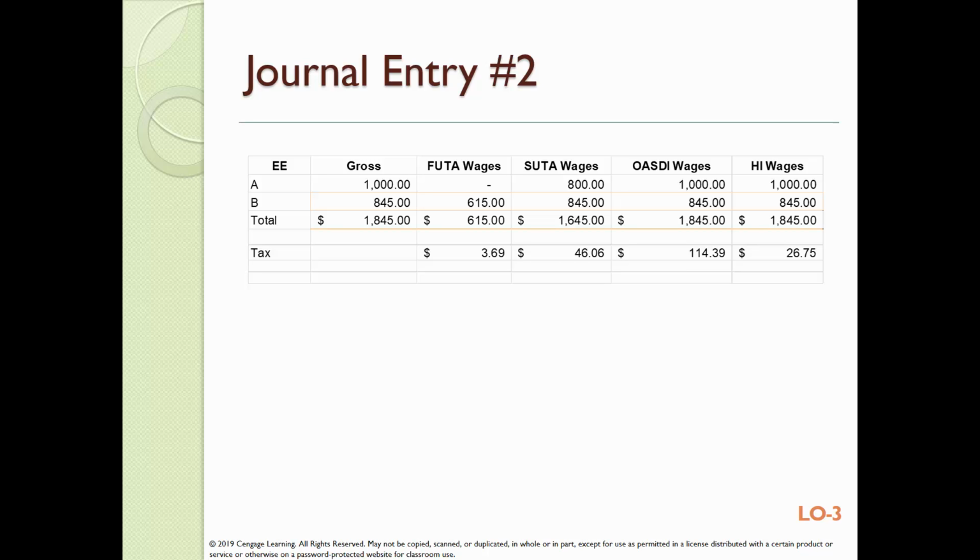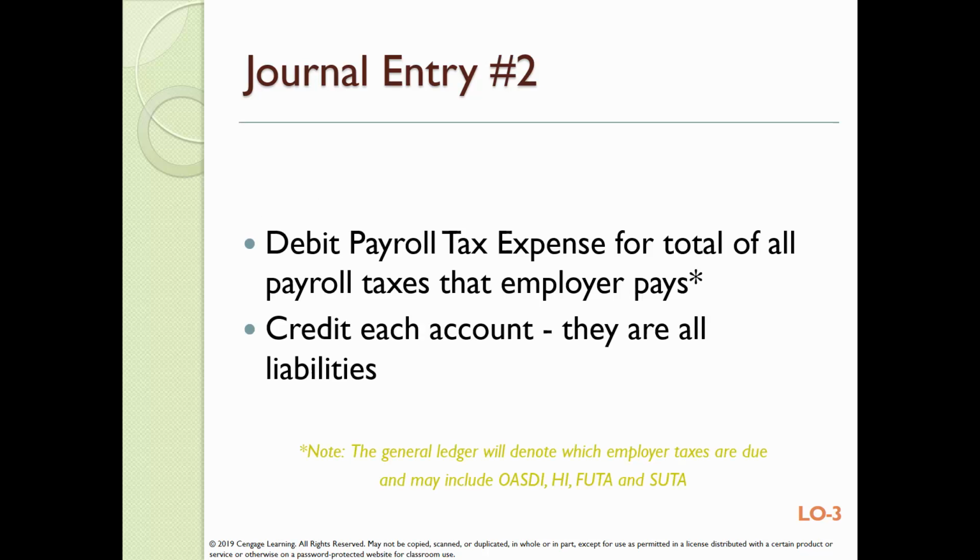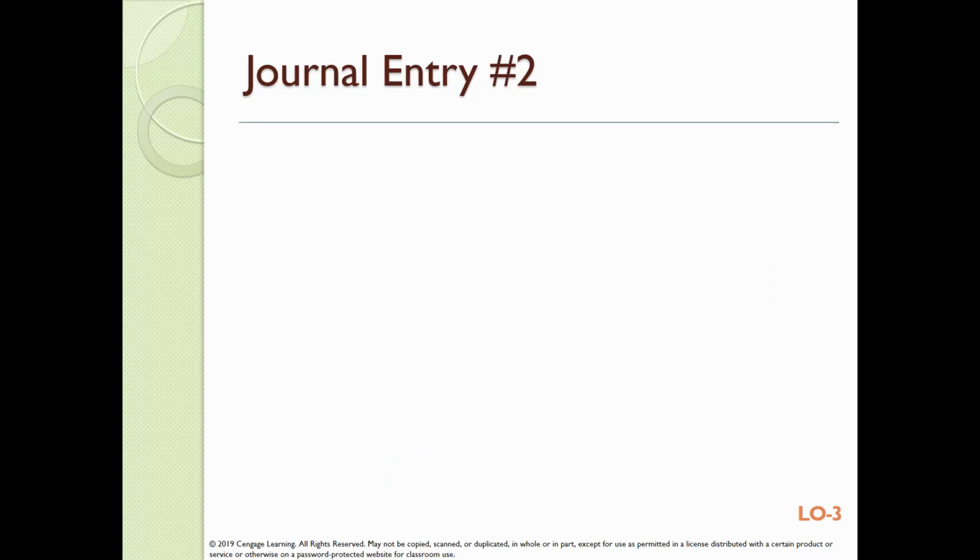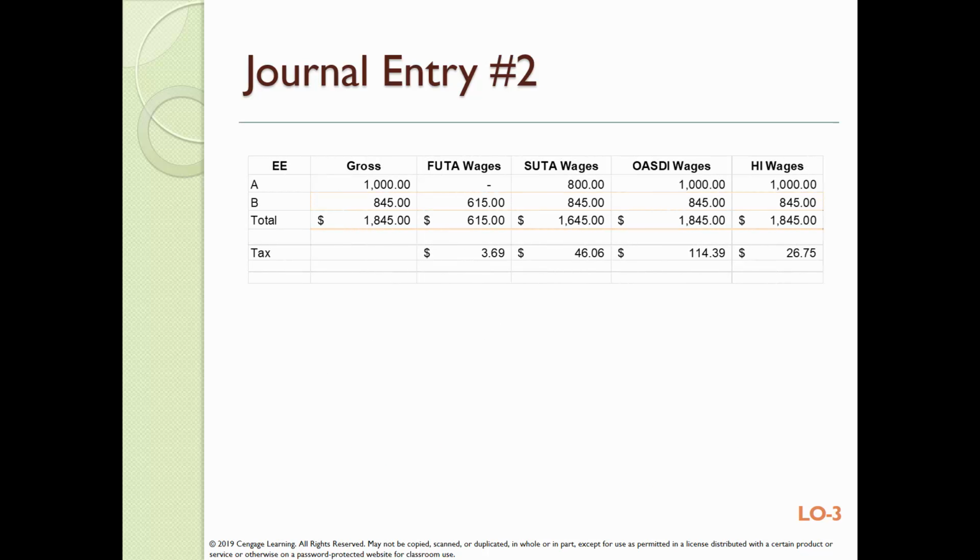So, second journal entry, add up all of the payables, and then that's your debit. That's your debit to payroll tax expense.